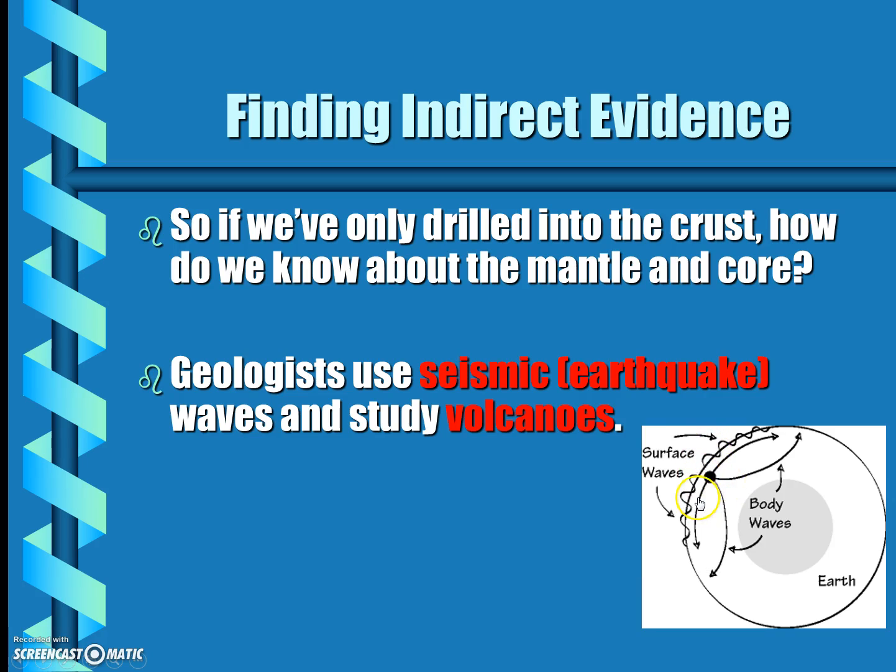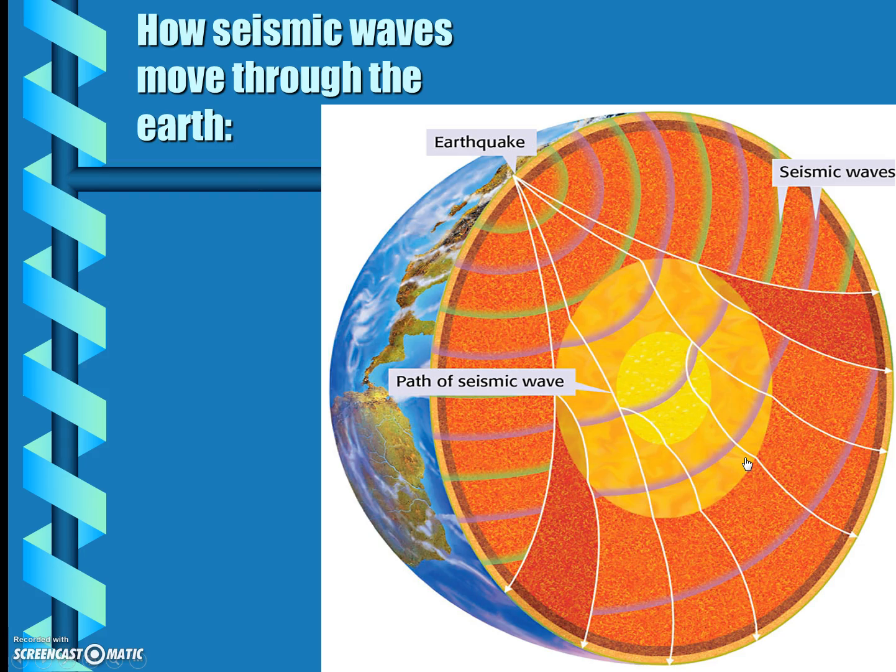When these waves come through, we can time it and see if it bounces off something else and see how long it takes to come back. So we can tell by where it hits, how it hits, and how long it takes to come back that there's something else inside of the earth that we might not have previously thought was there.